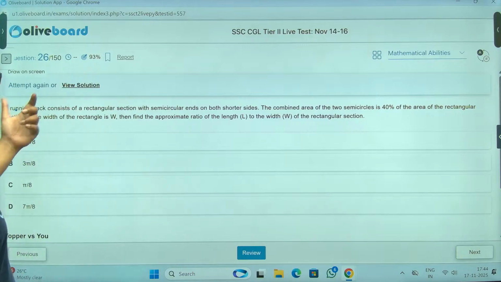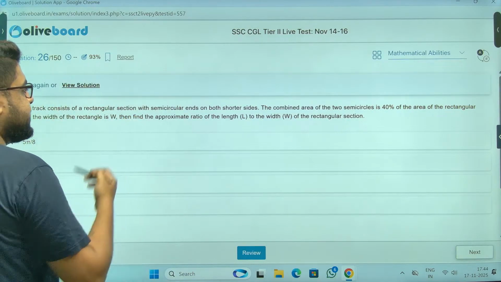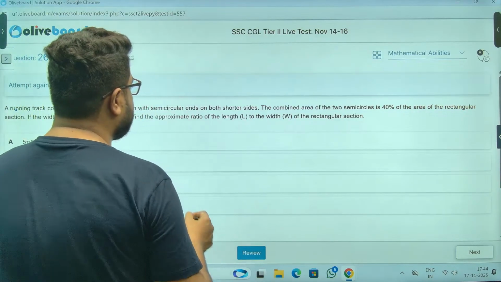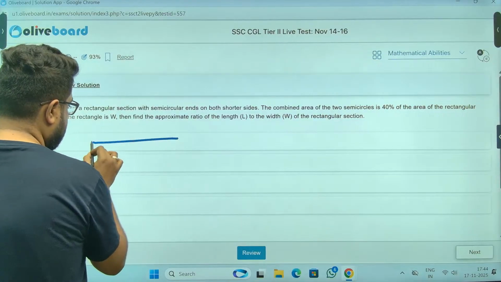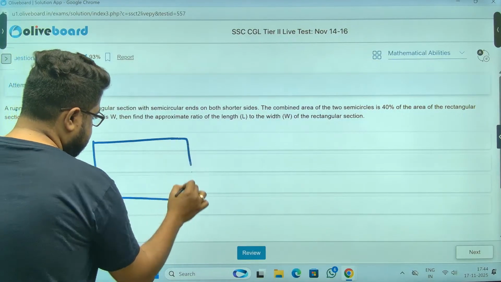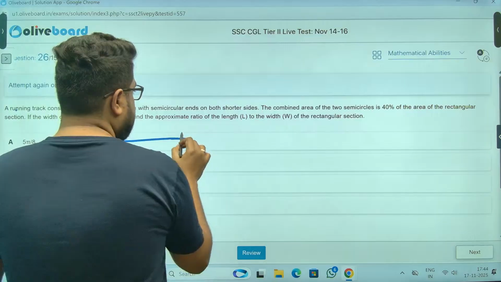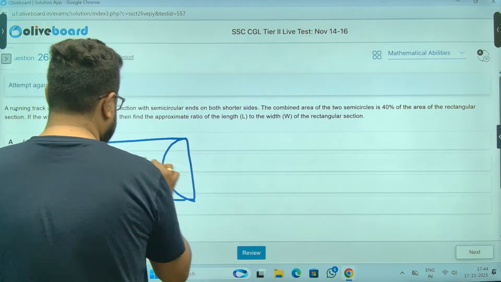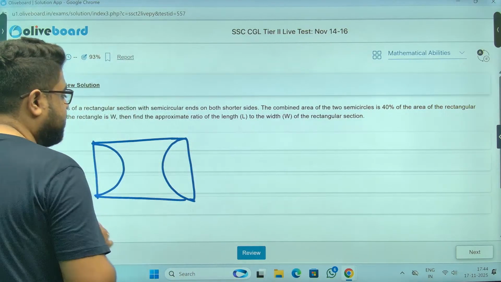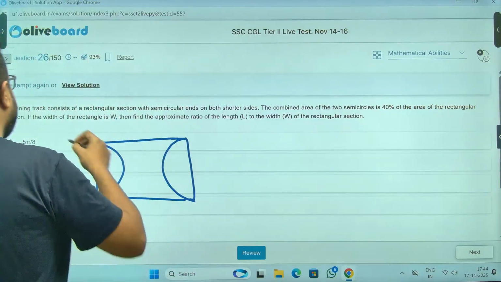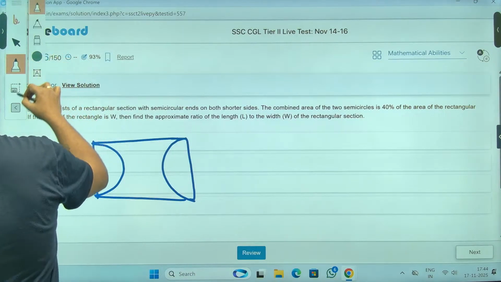Achha. A running track consists of a rectangular section with semicircular ends on both shorter sides, okay? Achha, sir, like this. It's like a basketball court, rather. Right?